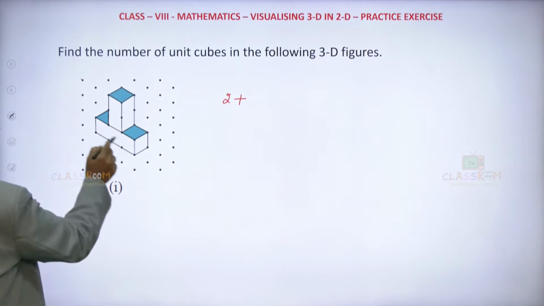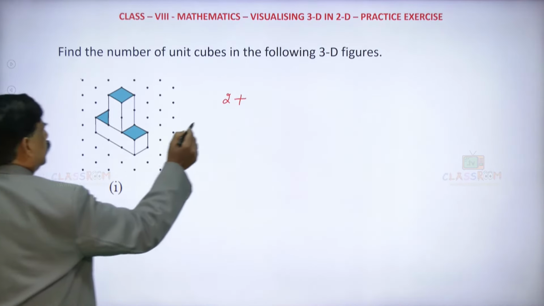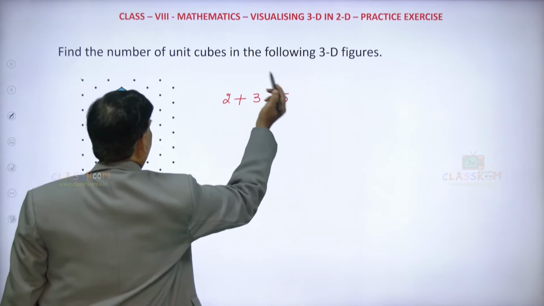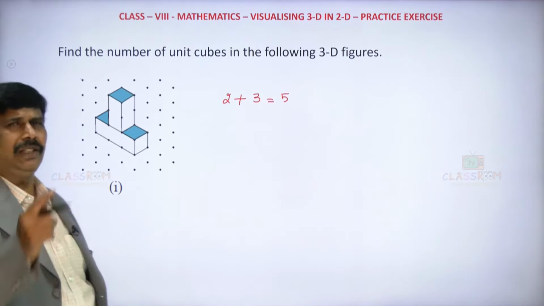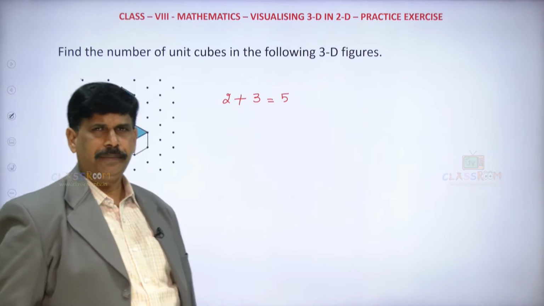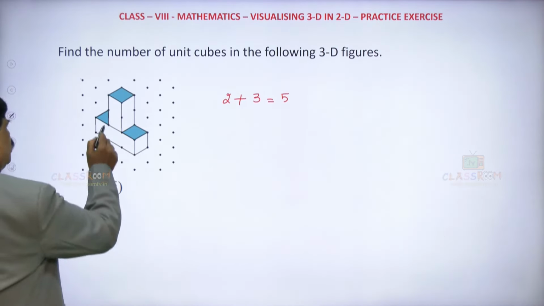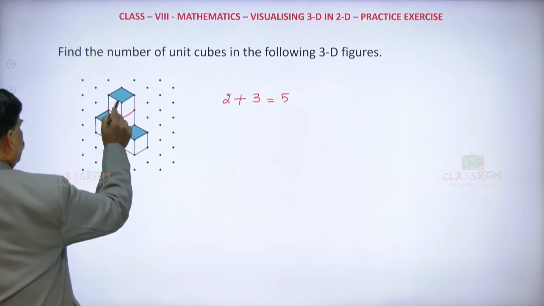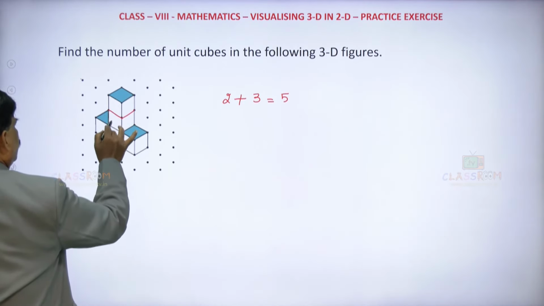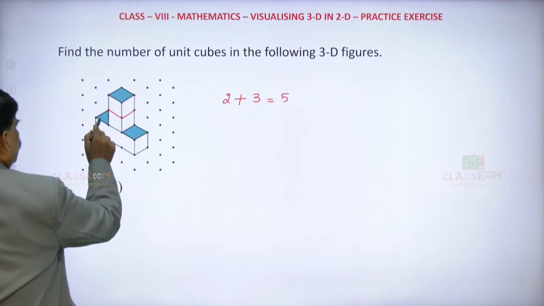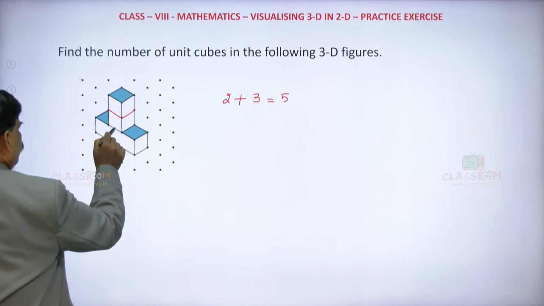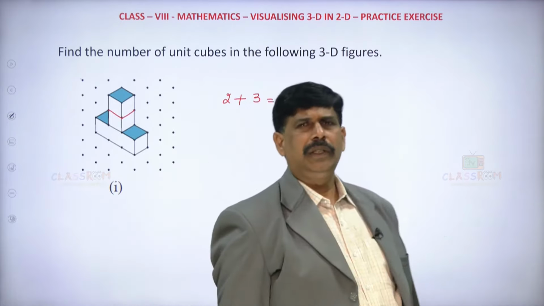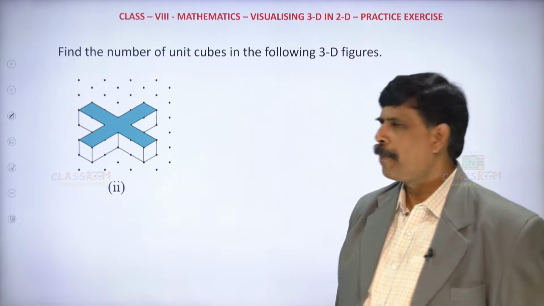Plus, if you take like this is 1, 2, 3. So 2 plus 3, 5 unit cubes are there. Unit cubes in the sense each measurement 1 unit. Clear? Understood? So here up to here. See, this is 1 unit cube. Second, third, fourth, fifth. Clear? See the next one now.